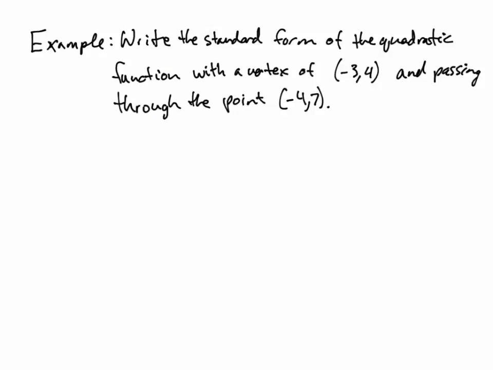Here's an example for us. Write the standard form of the quadratic function with a vertex of (-3, 4) and passing through the point (-4, 7). Now, what this means is we're going to write our function in standard form. So standard form is a times (x minus h) squared plus k, and h and k are the coordinates of the vertex.